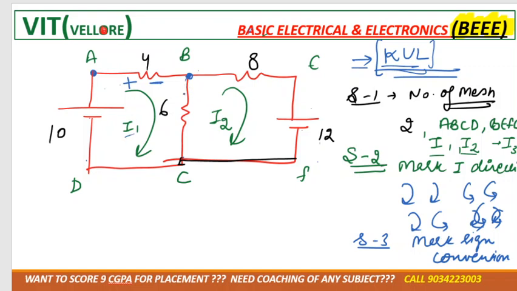I1 is moving from B, positive to negative. Now the bigger terminal is always positive and the smaller terminal is always negative. Similarly, I2 also positive, negative, positive, negative, and I2 is moving from C. So positive here, negative here.